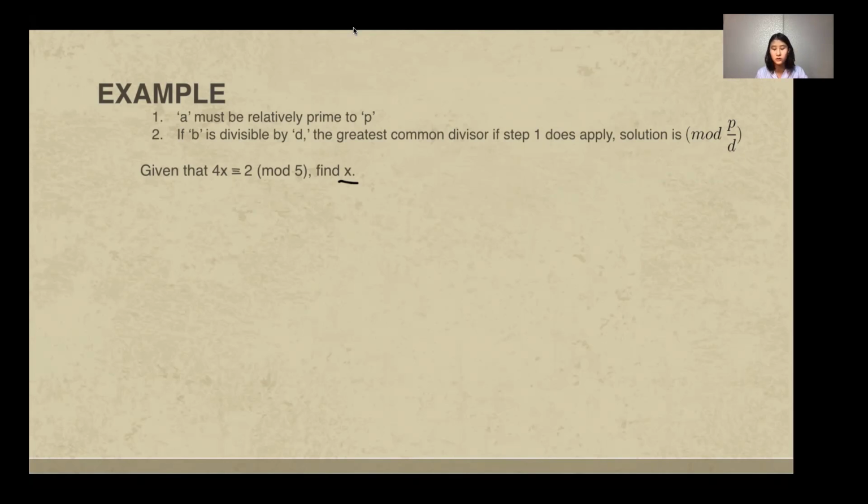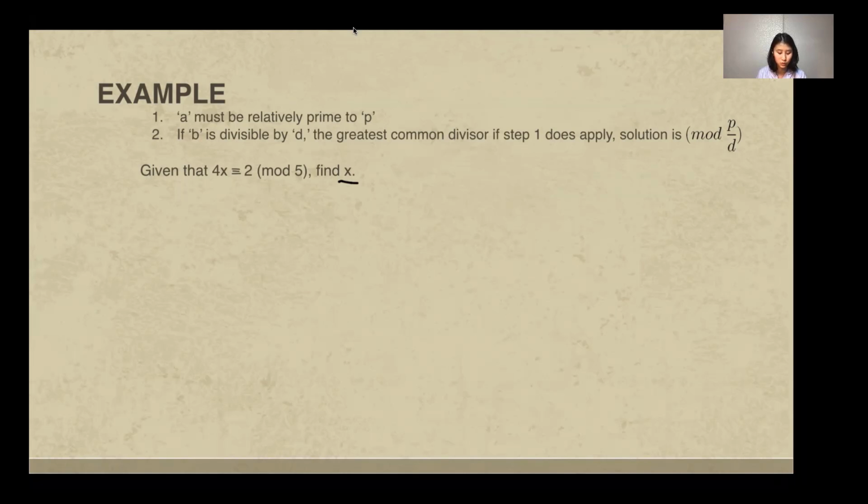First, a must be relatively prime to p, which means that if we look at the two numbers a and p, the biggest common divisor is 1. And the second point that must be true is that if b is divisible by d, the greatest common divisor, then, if step 1 does apply, there is a solution mod p over d. So we'll take a look at this example.